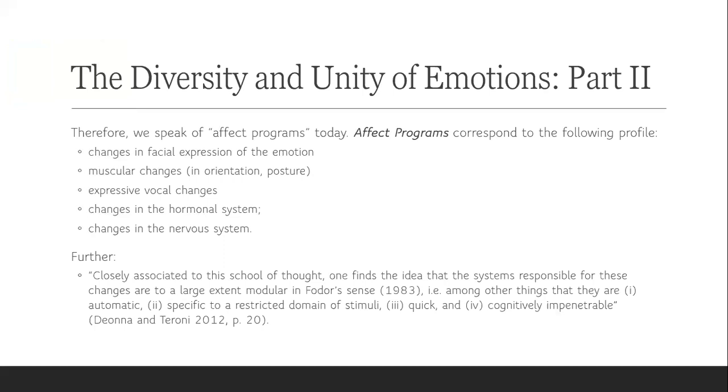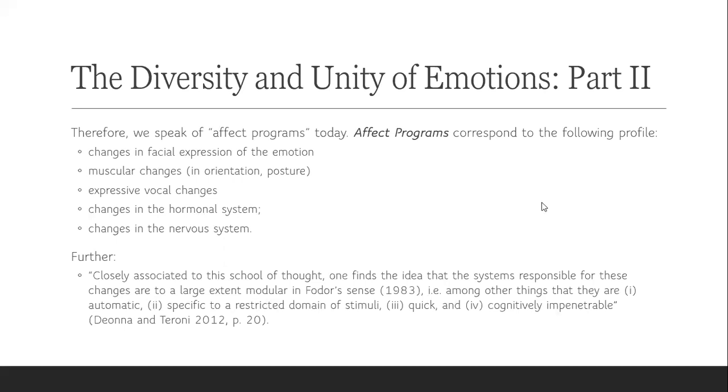So I was saying that affect programs also seem to be modular. The authors write, closely associated to this school of thought, one finds the idea that the systems responsible for these changes, the changes that form the profile that affect programs correspond to, are to a large extent modular in Fodor's sense.